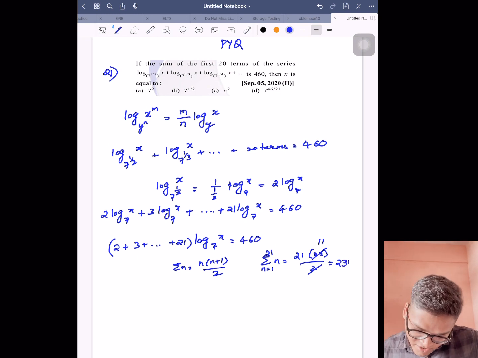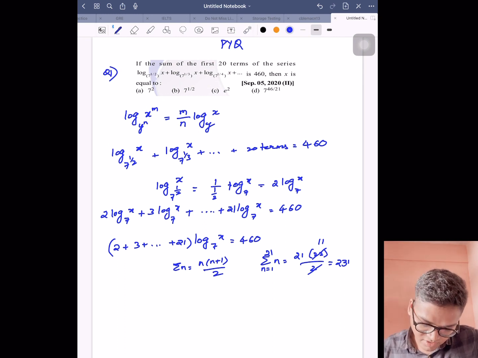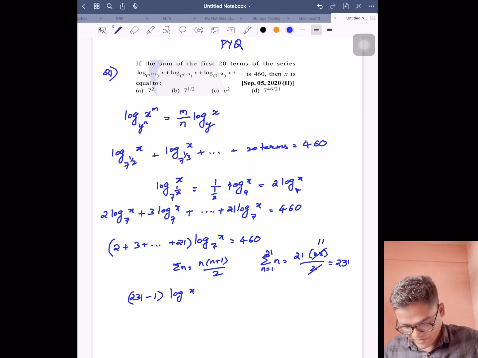But if you see here it is not starting from 1. So that means I subtract 1, that is the resultant sequence. Or you can apply the direct Sn formula, n by 2 into 2a plus n minus 1 into d, or first term plus last term. We can do both ways. So we get 231 minus 1 times log x to the base 7, which is equal to 460.